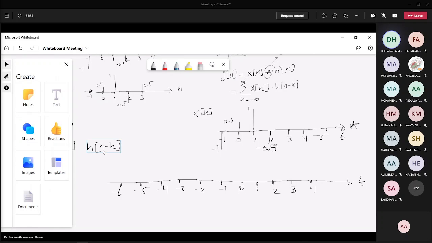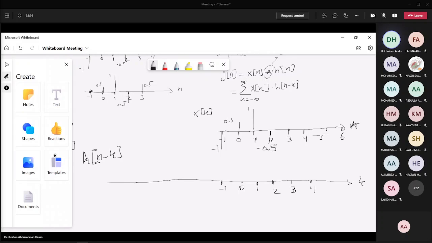And if you shift it by n, then we can start. So this is h of n minus k.